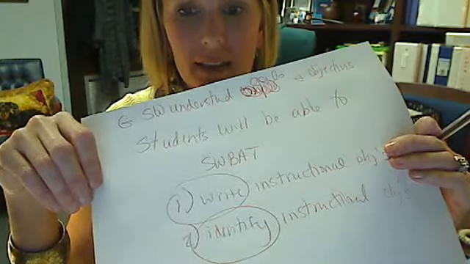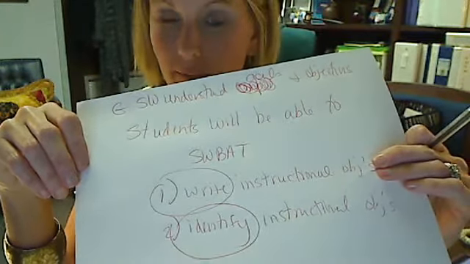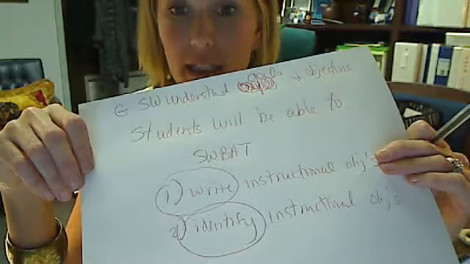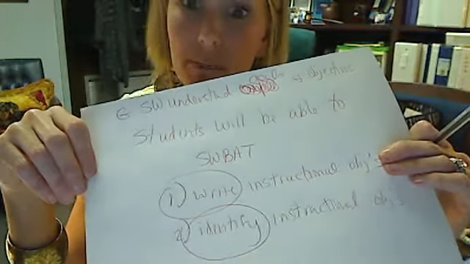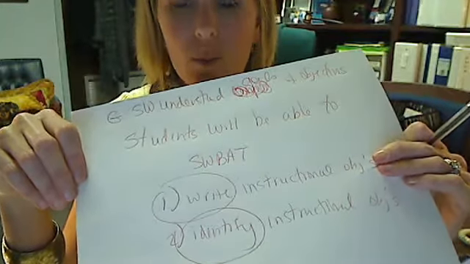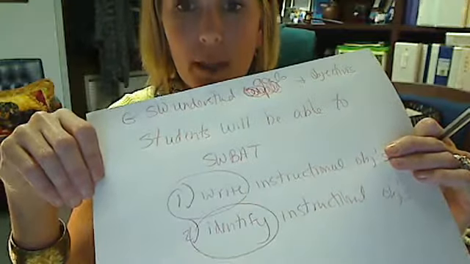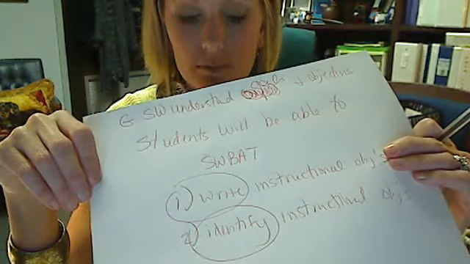Identify. Is that measurable? Yes. Is it observable? Yes. You can give them a list of objectives and say which one is an objective, which one is a goal. They will be able to identify which is which. So those are action verbs that are both measurable and observable.